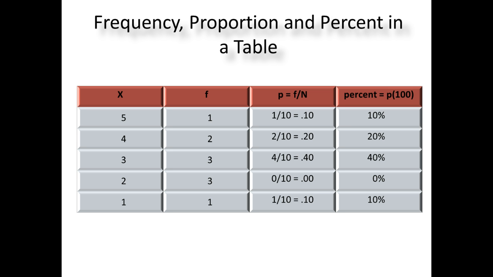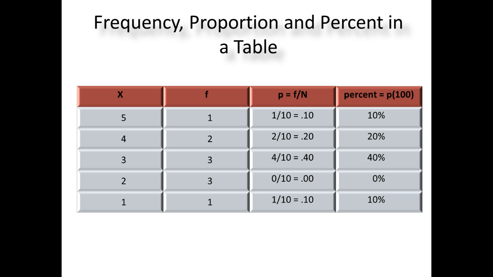We have in the F column the frequency in which we observed that variable at its various levels. So in this case, starting from the bottom, we observed a value of 1 only once. We observed 3 values of 2, 3 values of 3, 2 values of 4, and 1 value of 5.